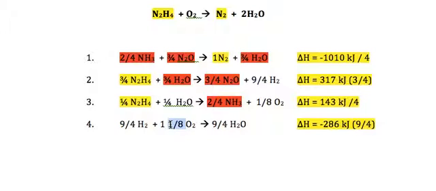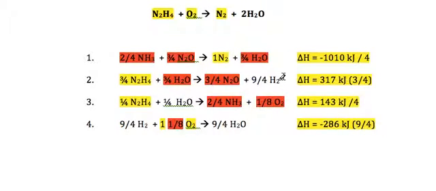So 1/8 of this oxygen is going to cross out with the 1/8 oxygen there. The 1 oxygen is going to provide the oxygen I need for the overall reaction at the top. So again, out of the 9/8 here, 1 oxygen is used for the overall reaction. The remaining 1/8 crosses out in reaction number 3.